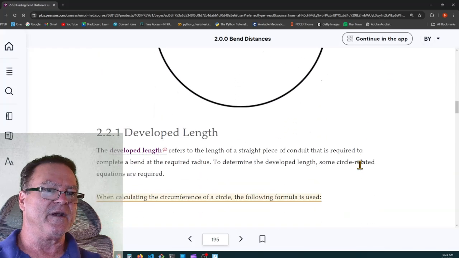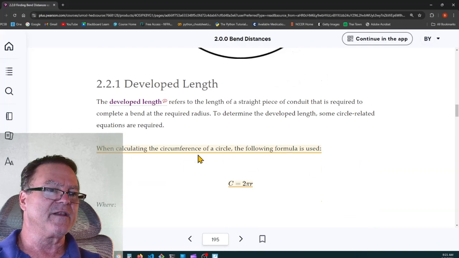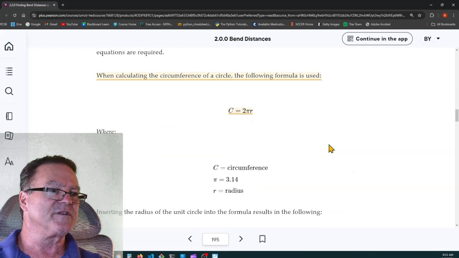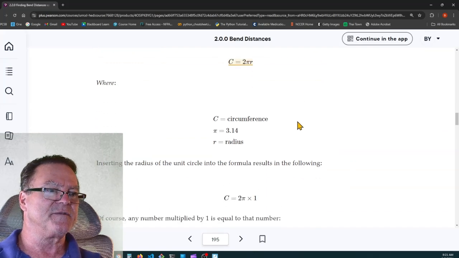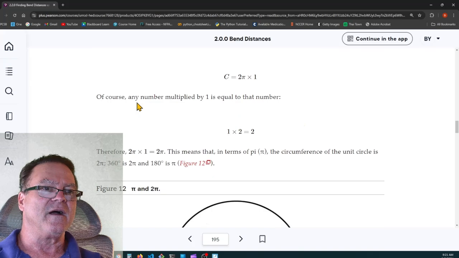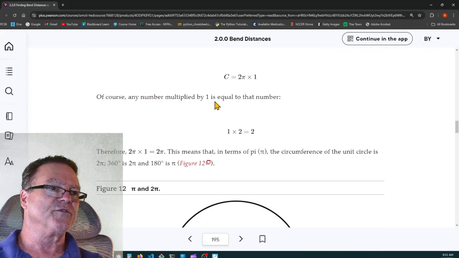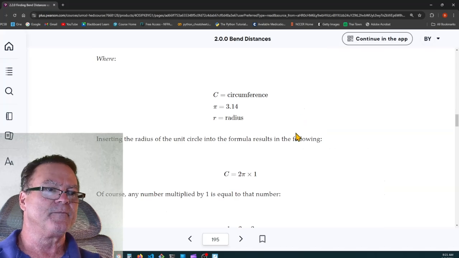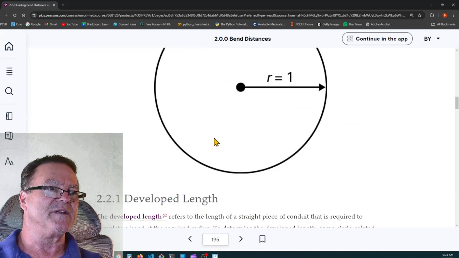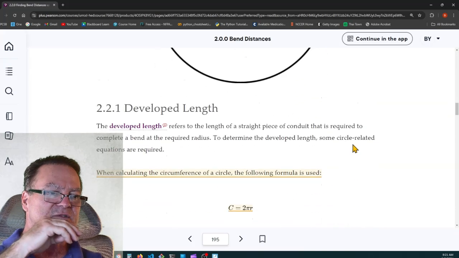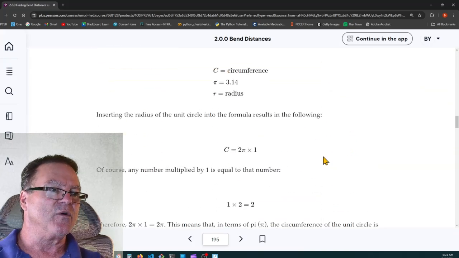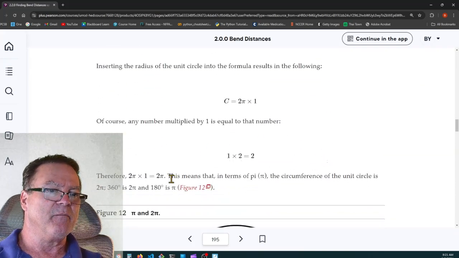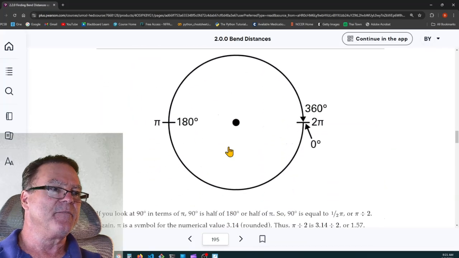So that's what they're doing here, the developed length. When calculating the circumference of a circle, the following formula is used. The circumference equals 2 times pi times the radius. So any number multiplied by 1 is equal to that number. What are they saying? The radius is 1. Okay, so the radius is 1. So if we multiply times pi, we're going to get 180 degrees.